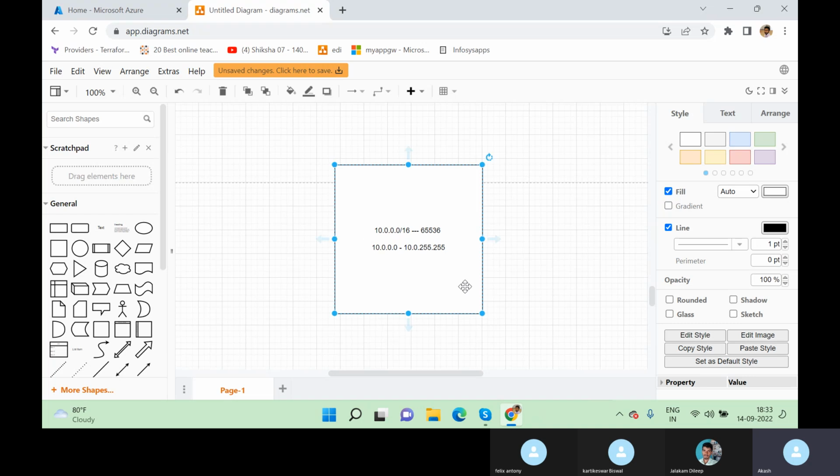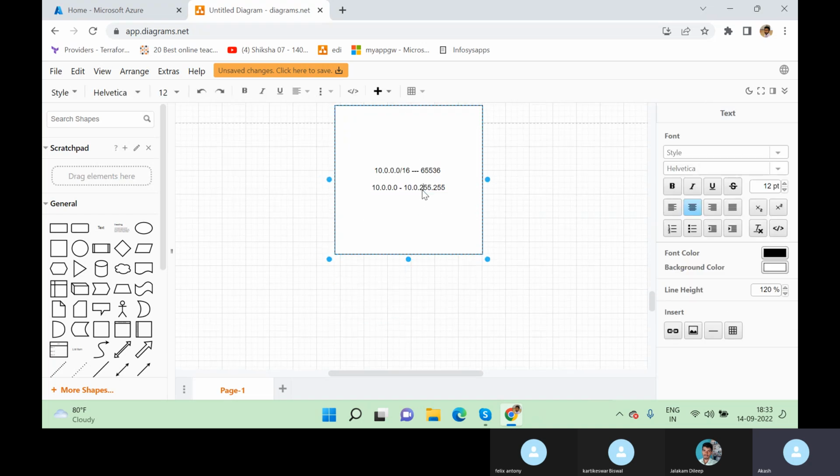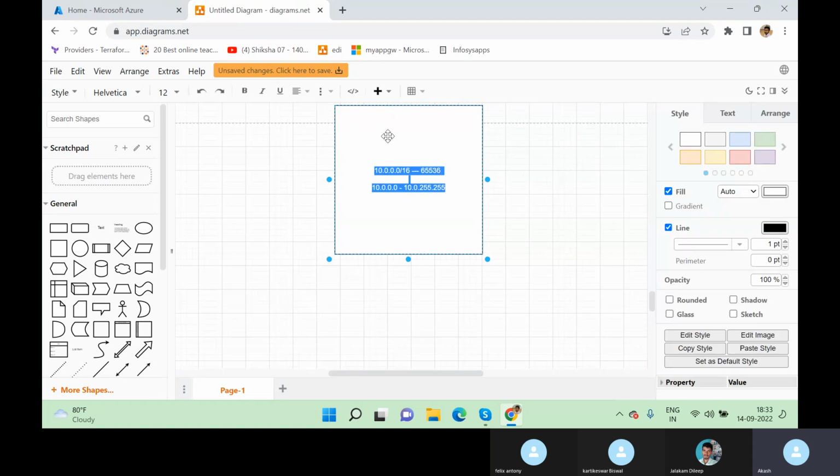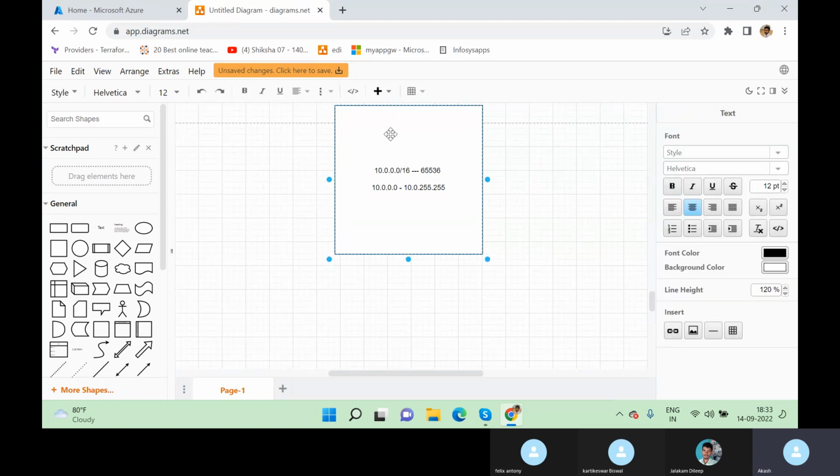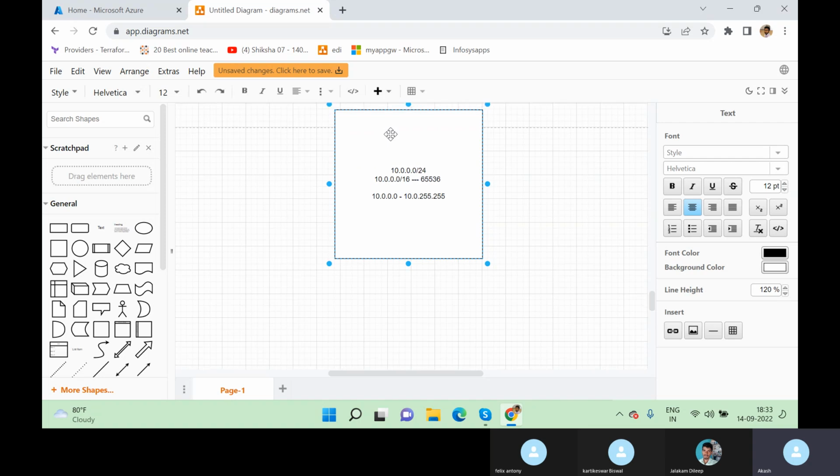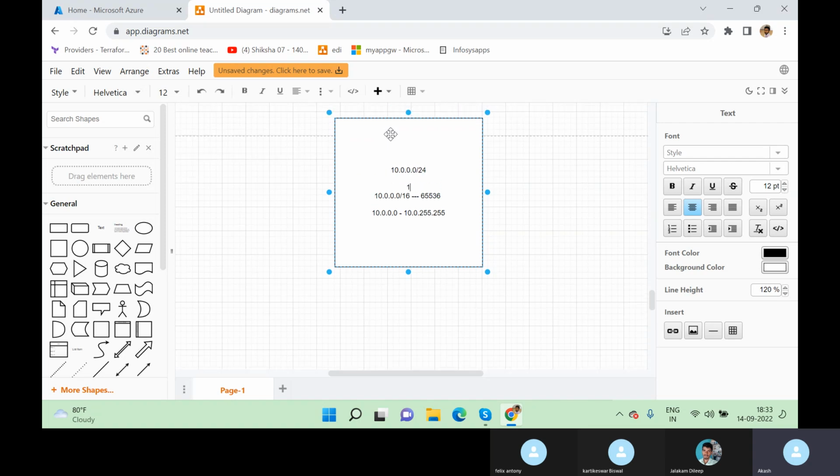So we have exhausted all the octets up to the third octet. This is my first octet, second octet, third octet. Like what happened on /24: when I was doing 10.0.0.0/24, the range was 10.0.0.0 to 10.0.0.255.